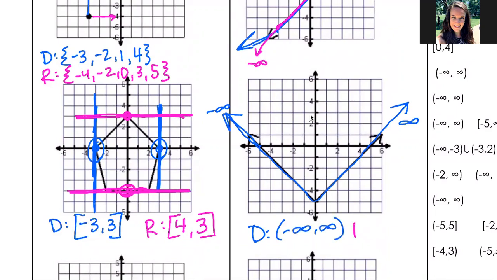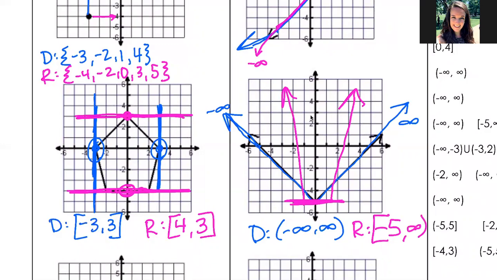And then for my range, I'm thinking about where's the bottom. It never goes lower than this point here, but then it goes up, up, up forever on both sides. So I know that it's going from the bottom at -5 to positive infinity, going up forever like that.